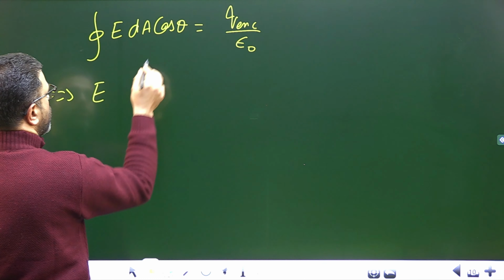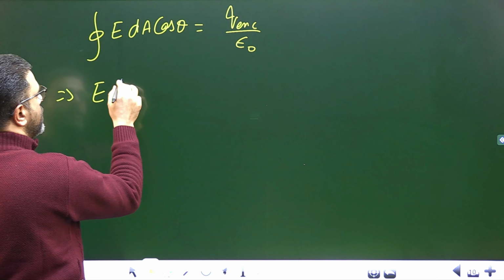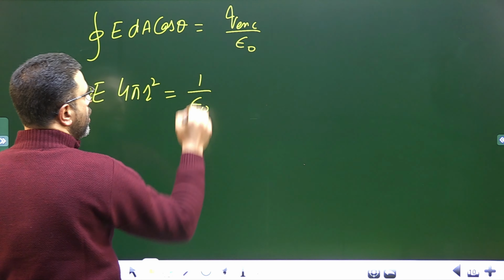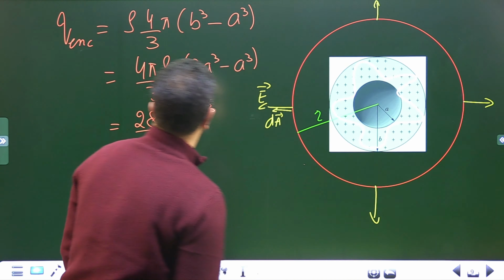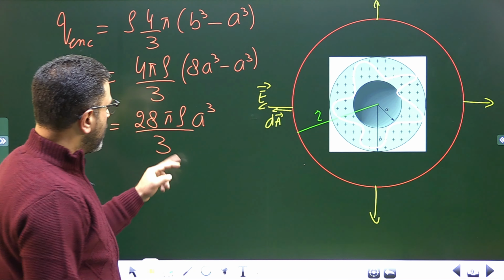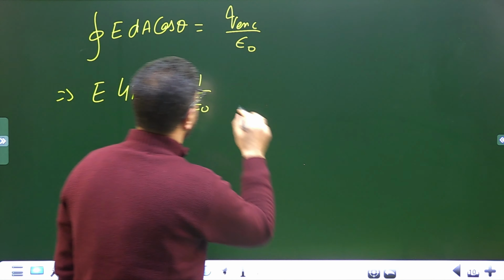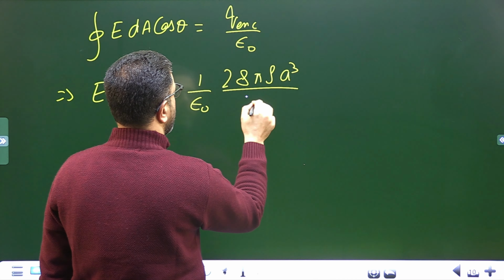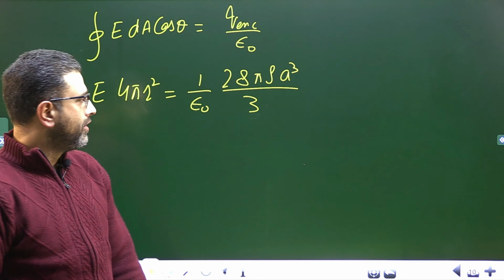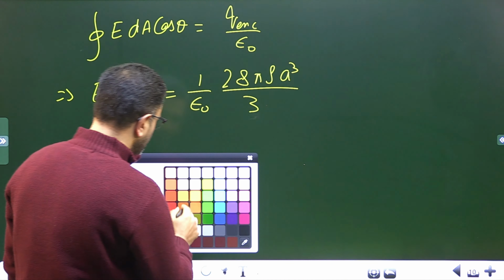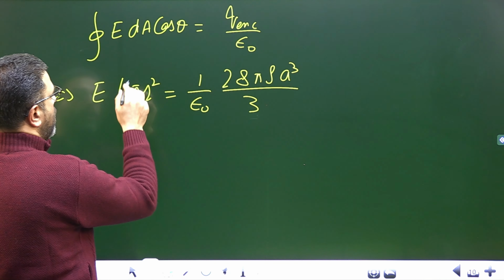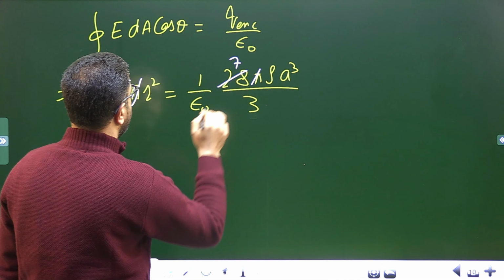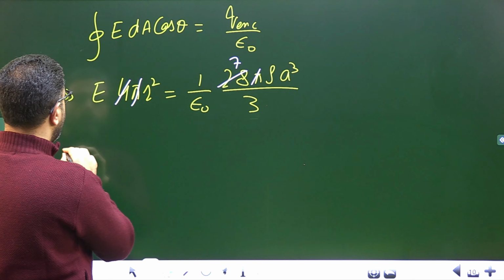So Gauss law now: integral E dA cos theta is equal to Q enclosed divided by epsilon 0. So E comes out, cos 0 is 1, integration of dA is 4 pi r square, equal to 1 by epsilon 0 times Q enclosed, which is 28 pi rho a cube divided by 3. 4 into 7 is 28, pi and pi cancel out, and r square goes downstairs.